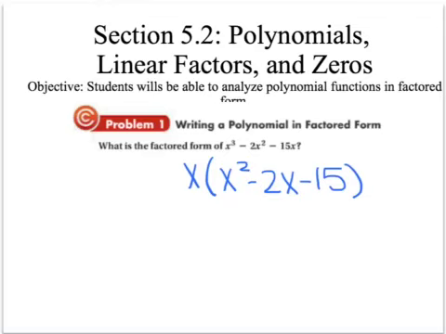We've got a trinomial with a coefficient of 1 on x squared. So this is just the basic kind of factoring that we went over very first in our factoring section. Factors of 15 that will give you -2, -5, and +3.